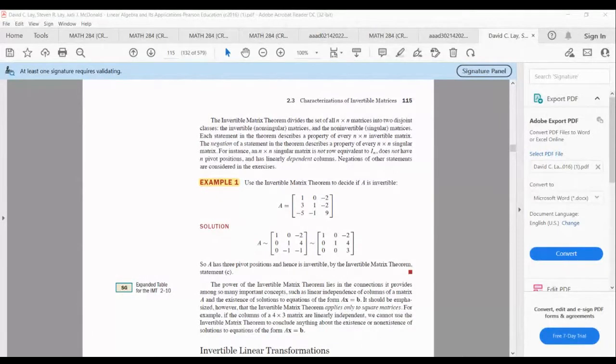Well, of course, we know how to do it using the algorithm, but here's a matrix A, and they row reduce the matrix A. They're leaving out some steps here, but the matrix A is equivalent to that highlighted matrix there.